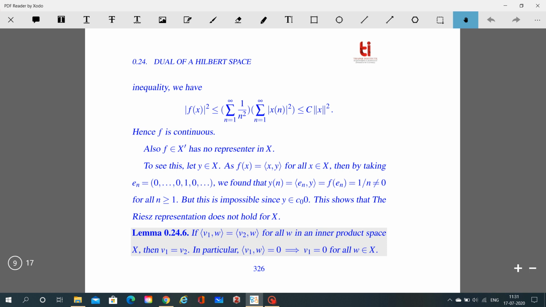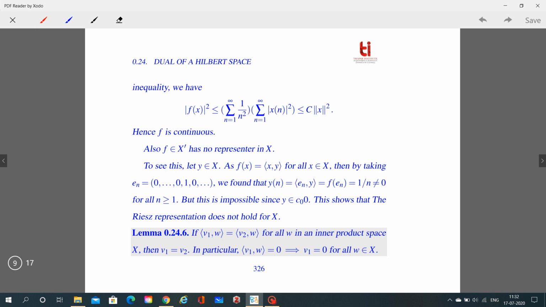Also f belongs to X prime but has no representative in X. To see this, let y belong to X. As f of x is equal to the inner product of x comma y for all x belonging to X, and taking en as 0, 0, 1, 0, where this 1 is at the nth place, we find that yn is equal to the inner product of en comma y, which is equal to f of en, which is equal to 1 by n, and it should be non-zero for all n greater than or equal to 1.